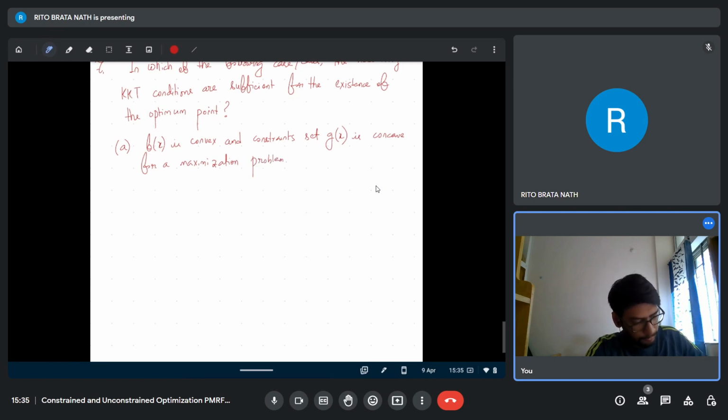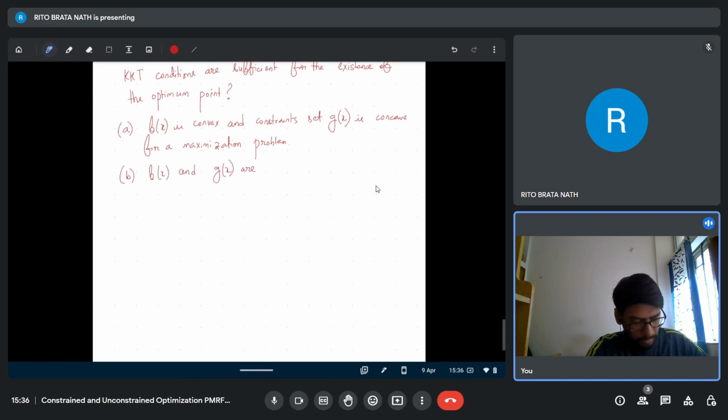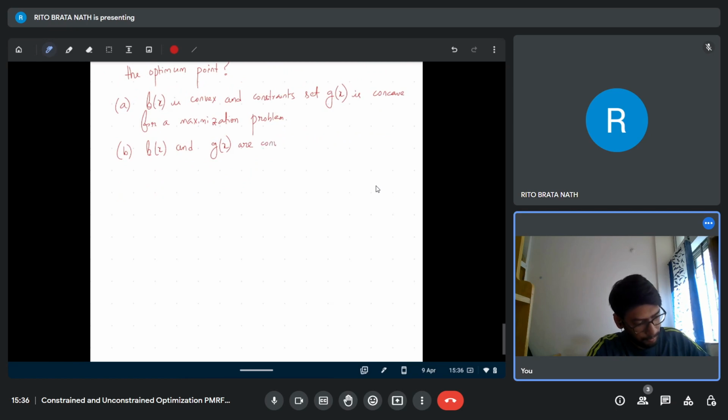Next, f(x) and g(x) are convex for a maximization problem.